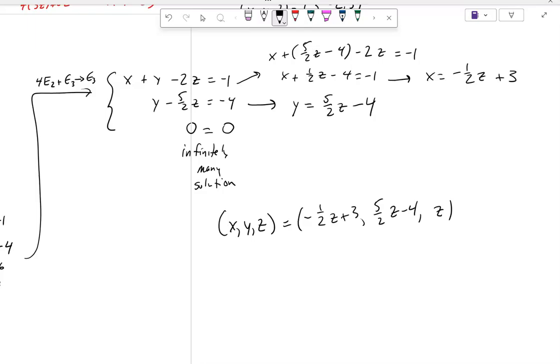This is representing that I can pick whatever I want for z. Whatever number I have, I can plug that in, and this is what the y value has to be. Whatever the z value is, I can plug that in here, and that tells me what the x value has to be. It's still that back substitution idea, and we'll see more of these as we go along.